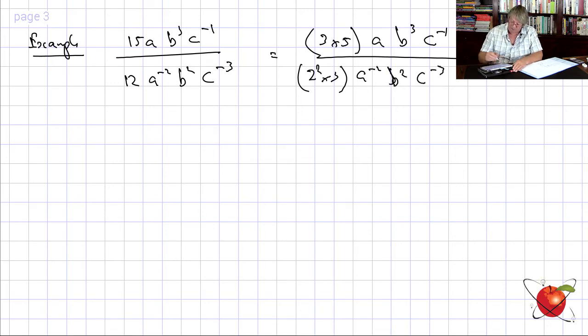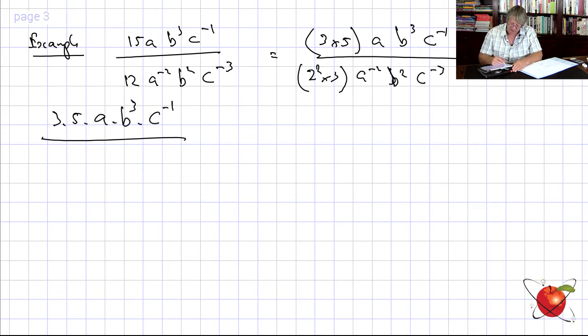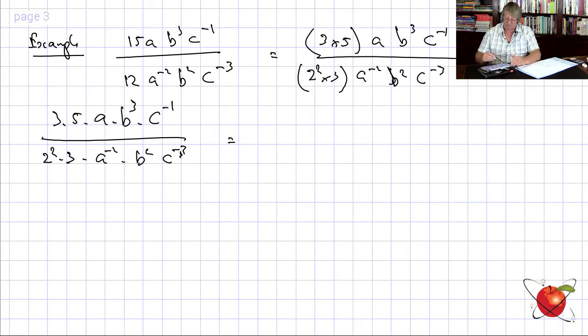Next step, remove the brackets. That's 3 times 5 times a times b cubed times c minus 1 over 2 squared times 3 times a minus 2, b squared, c minus 3. Now negative powers must become positive.